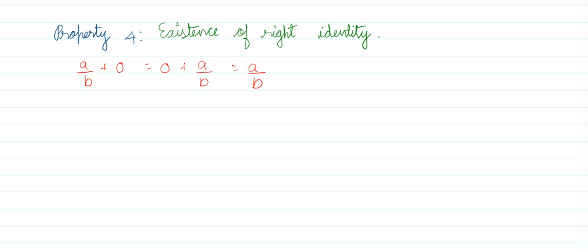But in case of subtraction, for any rational number, a by b minus 0 will be equal to a by b, whereas 0 minus a by b will be equal to minus a by b. This is not equal to a by b. That is why we say only the right identity exists for subtraction.